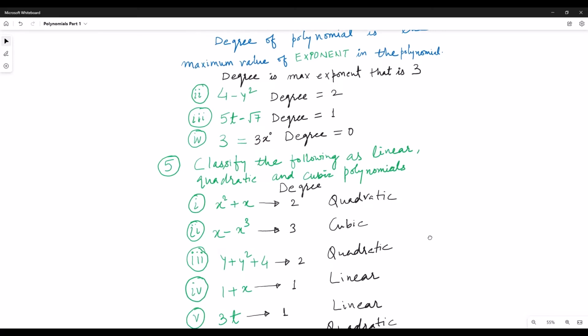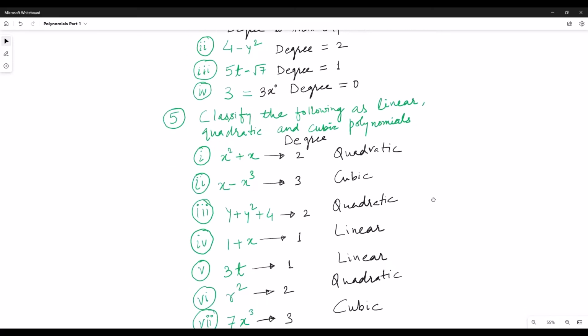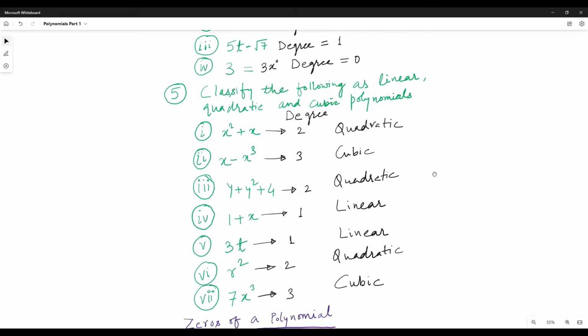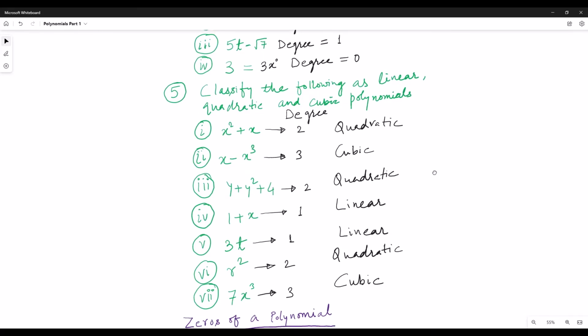Classify the following as linear, quadratic and cubic polynomial. So linear, quadratic and cubic are based on the degree of the polynomial. This is not based on terms, this is based on degree.